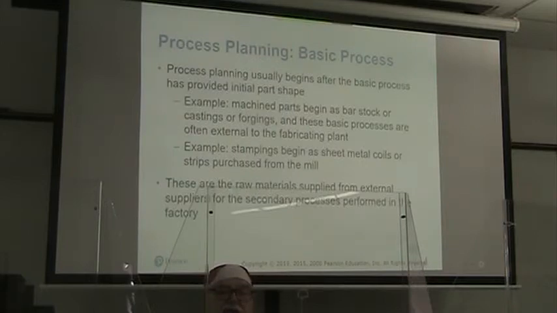Stampings may begin as sheet metal coils or strips that we're purchasing from the mill. But again, the basic process is to get us close to the initial geometry.